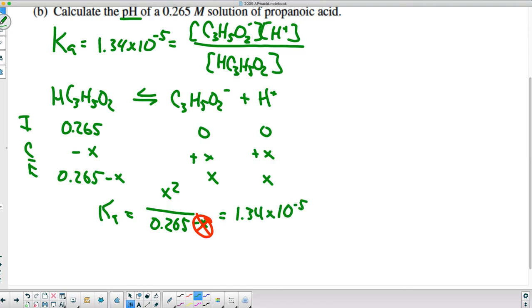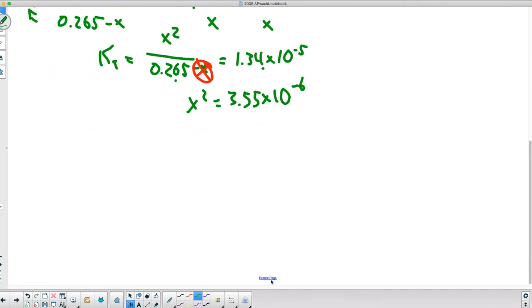Which means I multiply those two to get X squared equals 3.55 times 10 to the negative 6, which means X equals 1.88 times 10 to the negative 3, which means pH equals the negative log of this number.